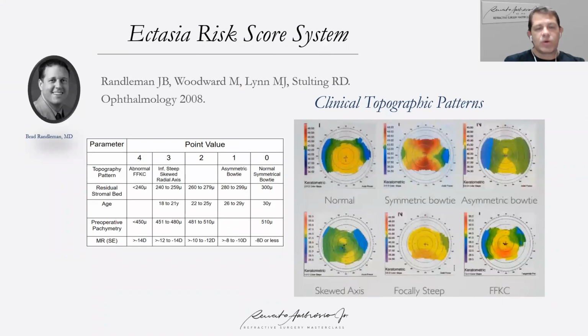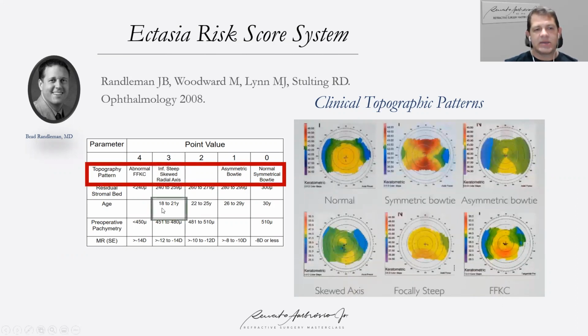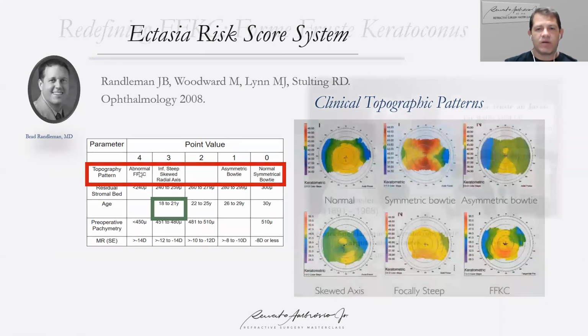The ectasia risk score system by Brad Randleman put topography at the top of the list. He also adds age, which is a surrogate of corneal biomechanics, and any refractive surgeon should be relatively comfortable reading corneal topography maps. My main concern is forme fruste keratoconus as a synonym for abnormal topography.